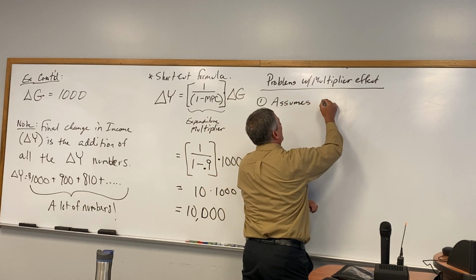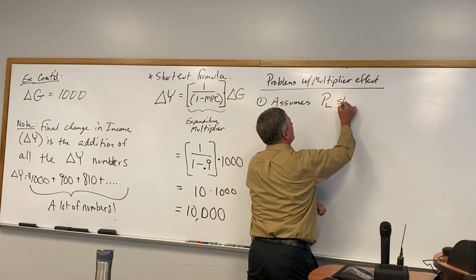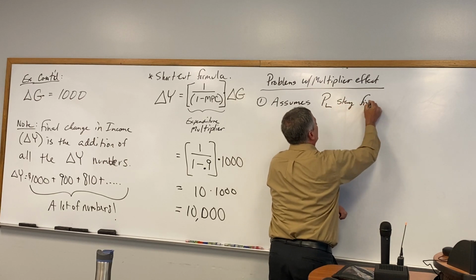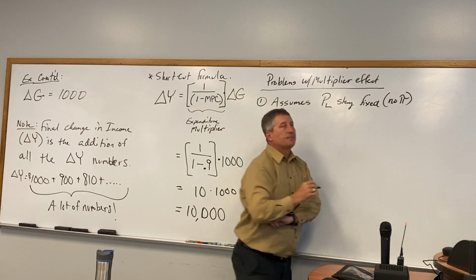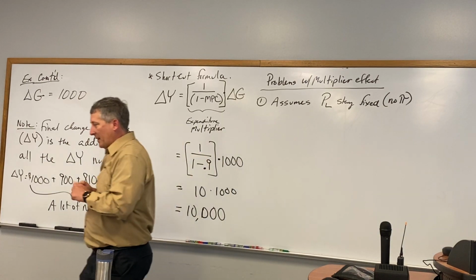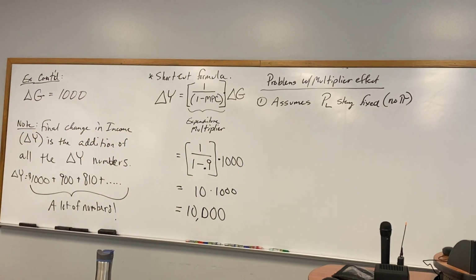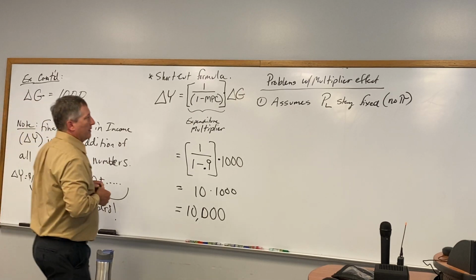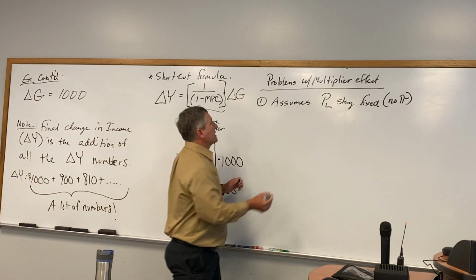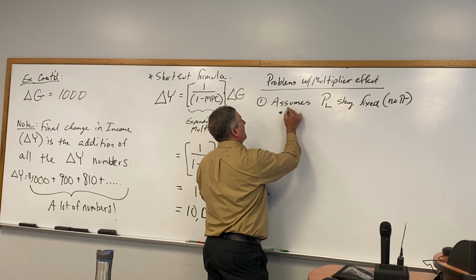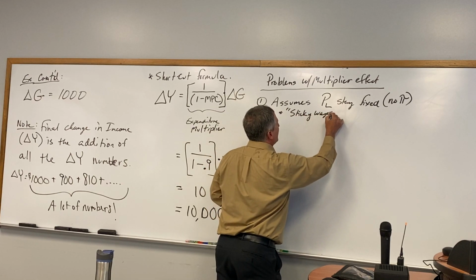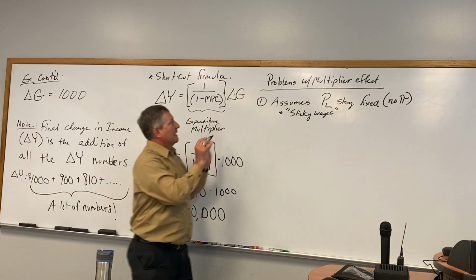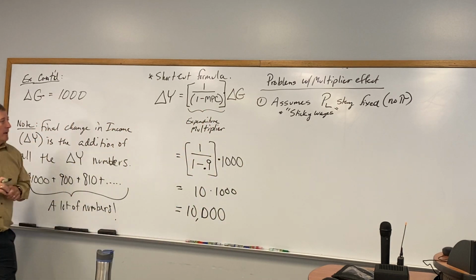Assumes the price level stays fixed, meaning no inflation, right? No inflation. Now this was part of Keynes' theory. He said sticky wages. Now sticky wages isn't even quite enough to get us where we want to be.